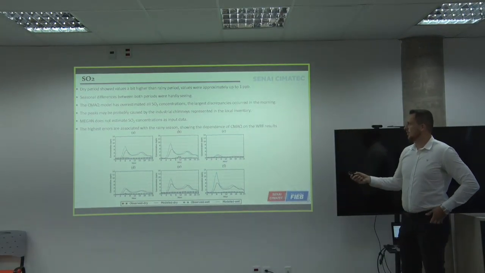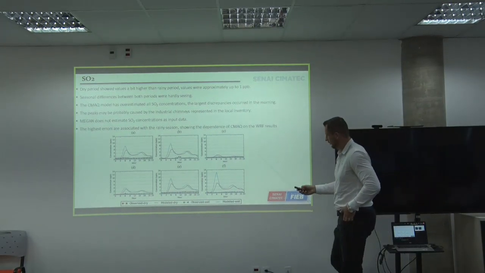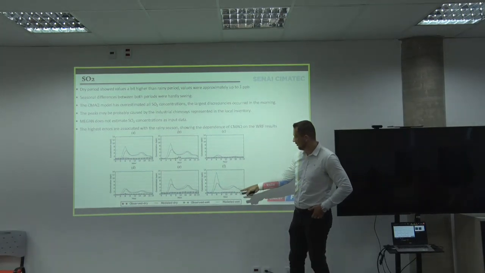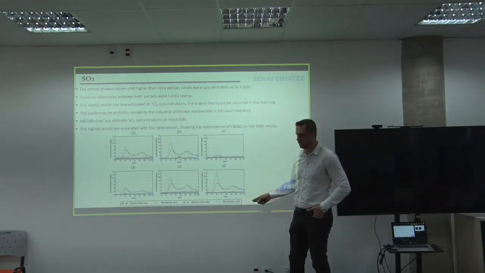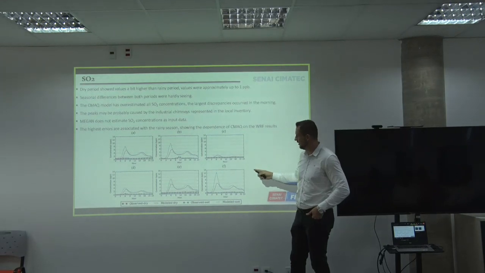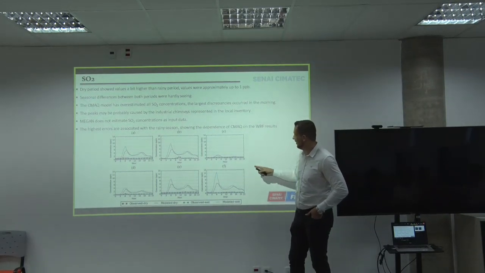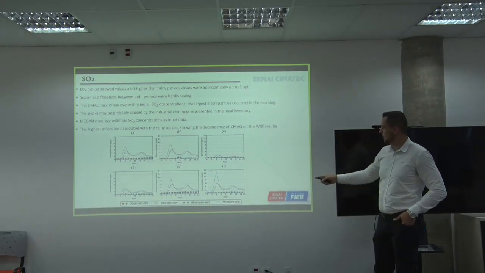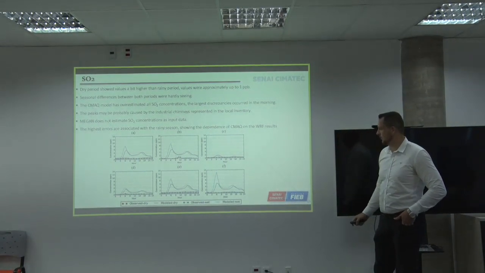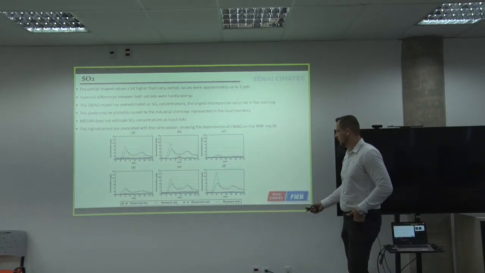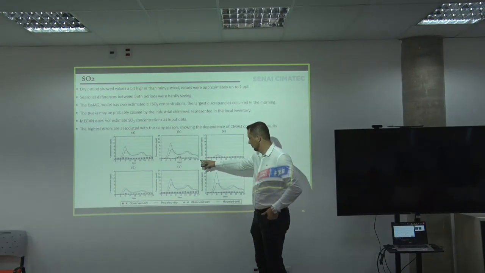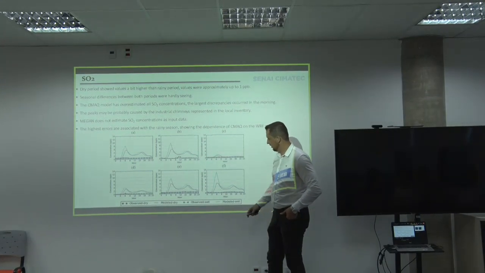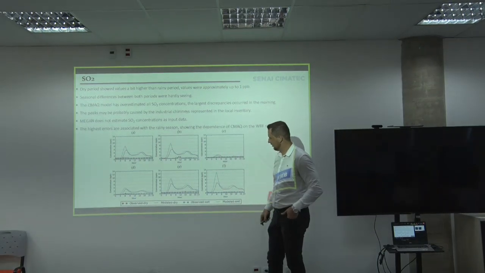Those graphs show us the comparison between what was observed and what was modeled by this modeling framework using WRF, SMOKE, and CMAQ. As you can see, for the dry and rainy seasons, for sulfur dioxide, the model is not capturing the behavior of the observations very well during the rainy and the dry seasons.